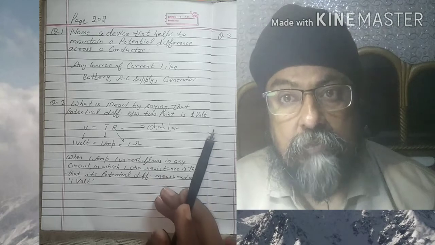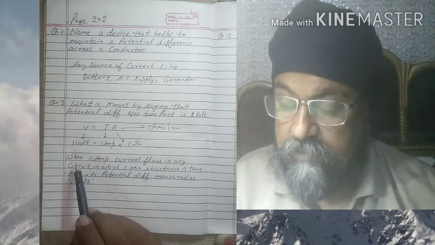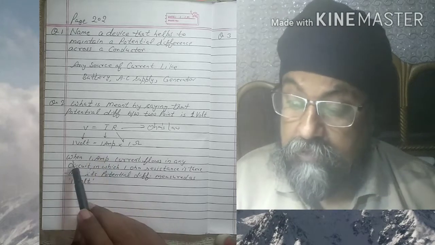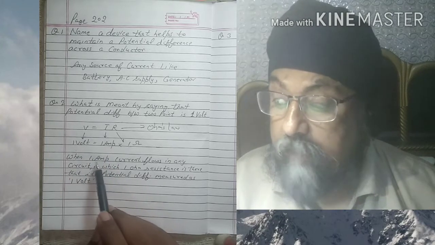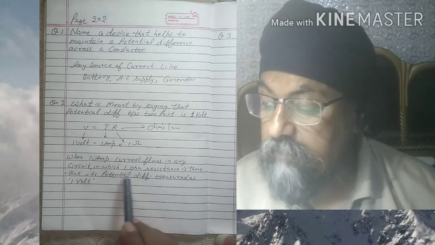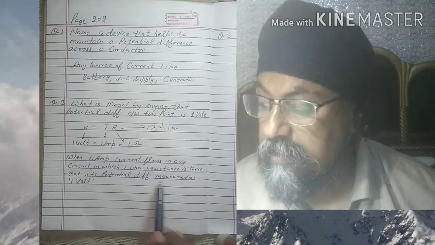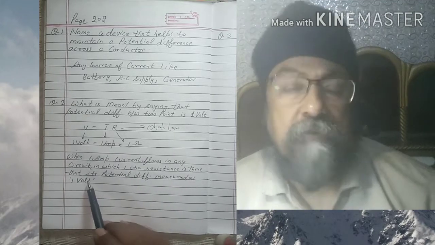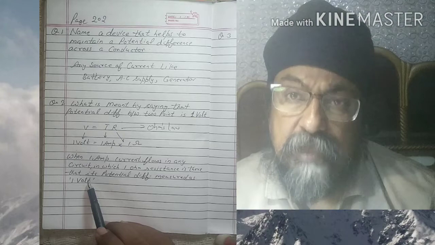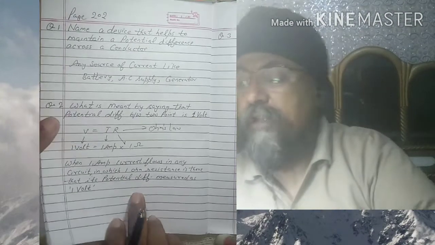Take the unit quantity of all these physical terms. Now we say that when 1 ampere current flows in any circuit in which there is 1 ohm resistance, then its potential difference is measured as 1 volt. That is all okay.